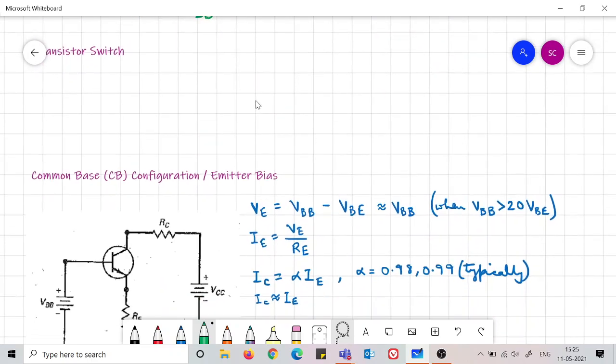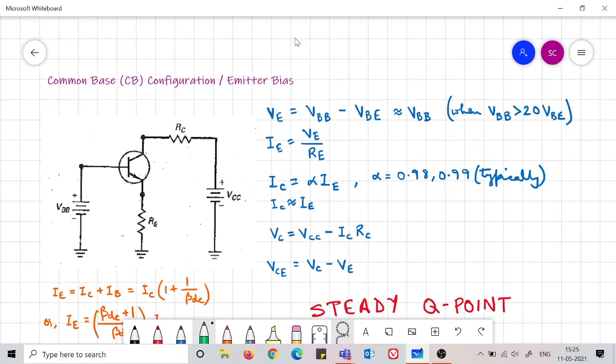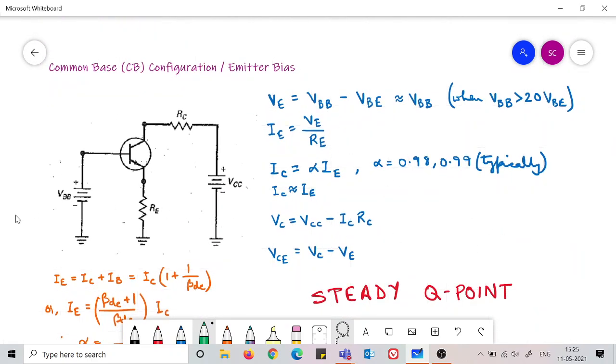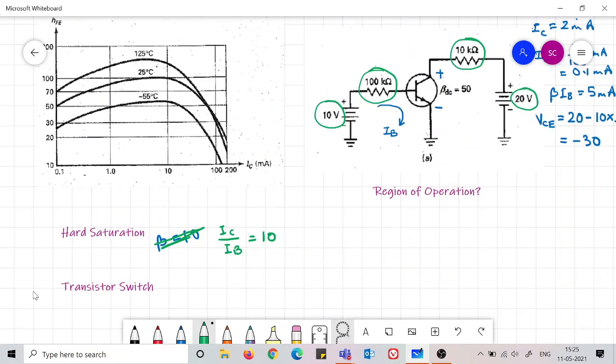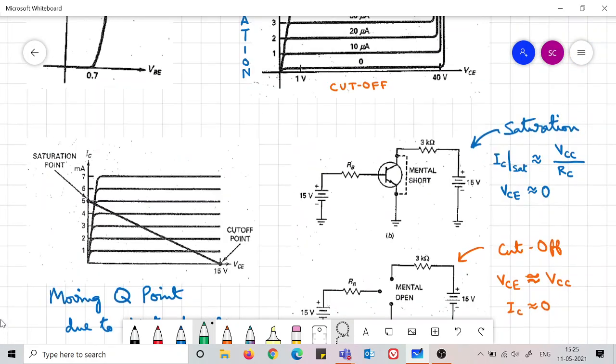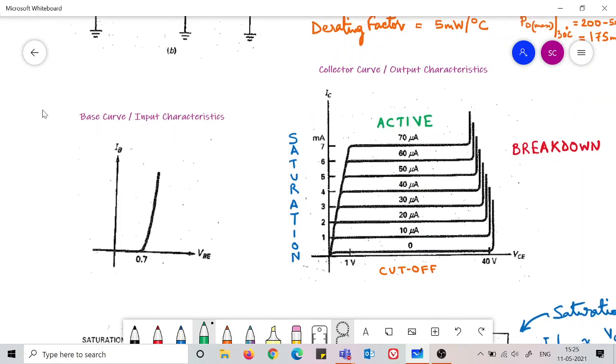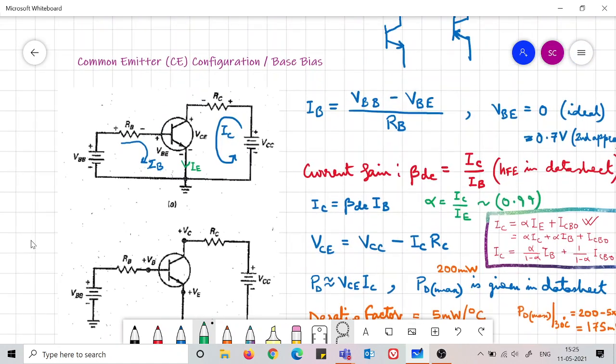Now we come to the next configuration, which is the common base configuration, also called the emitter bias. The common base configuration looks like this. I will show you the common emitter configuration once. Notice similarities and differences.